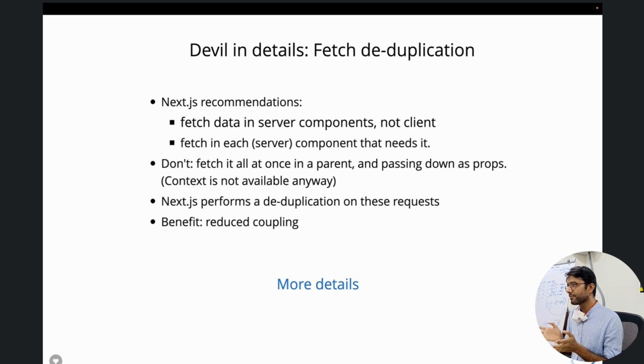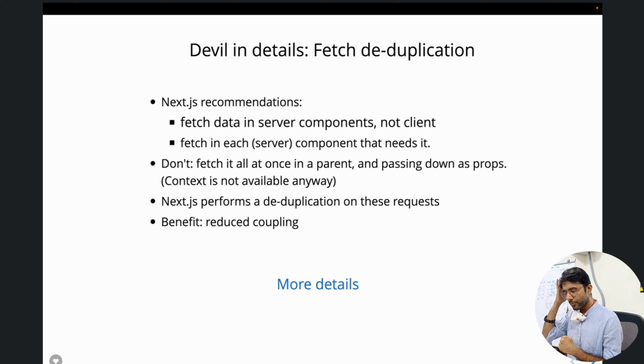All your components fetch their data on their own; keep them independent, keep them decoupled. And they have implemented a deduplication, basically a fetch cache. So multiple fetches to the same data store won't actually execute; they will get short-circuited through a cache.